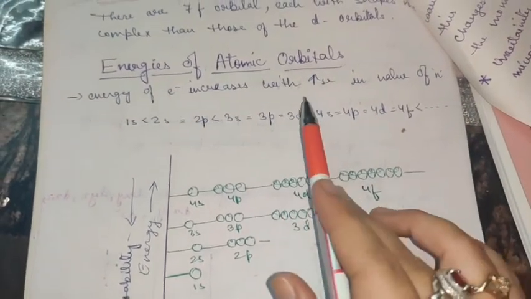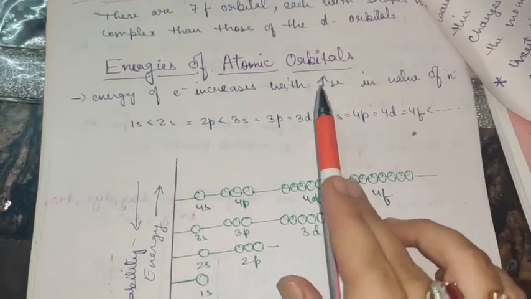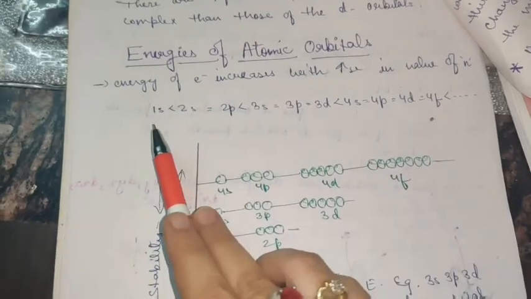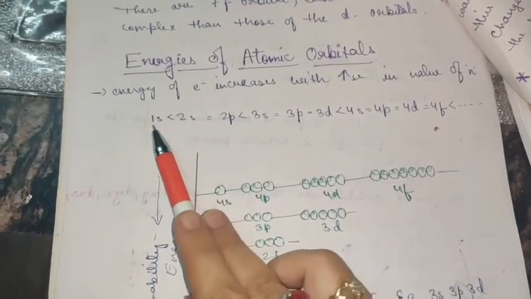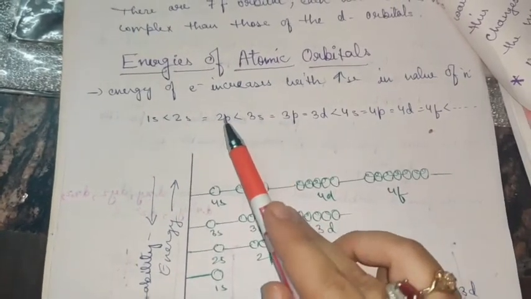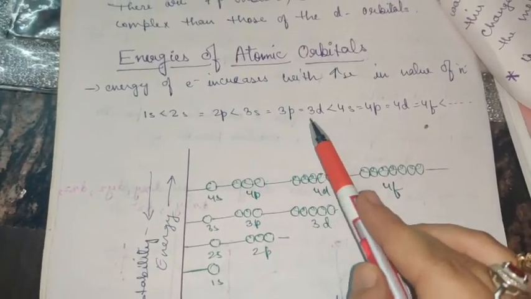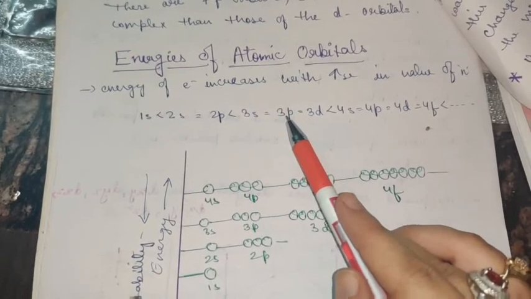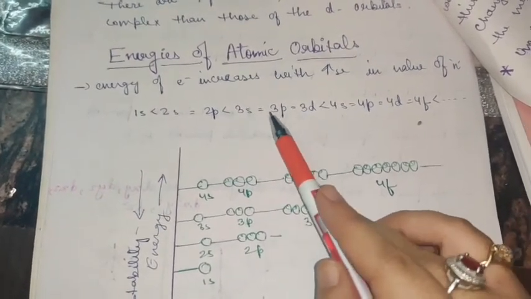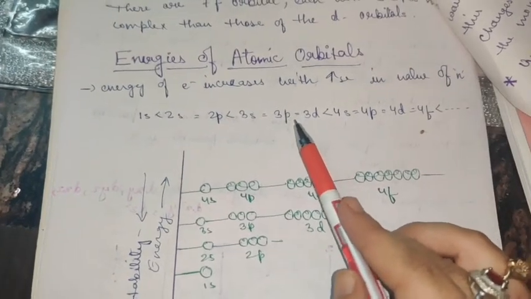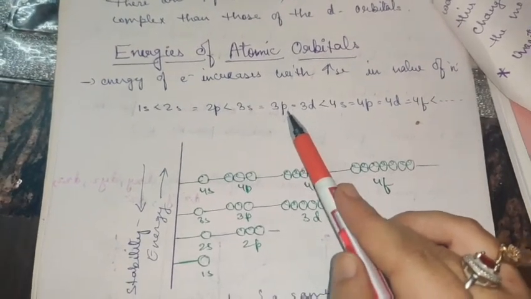The energy also goes on increasing. So you can say that 2s will have more energy than 1s, 3s will have more energy than 2p, and 3d will have equal energy as 3p because they have the same value of n. So the energy depends upon the shell number.